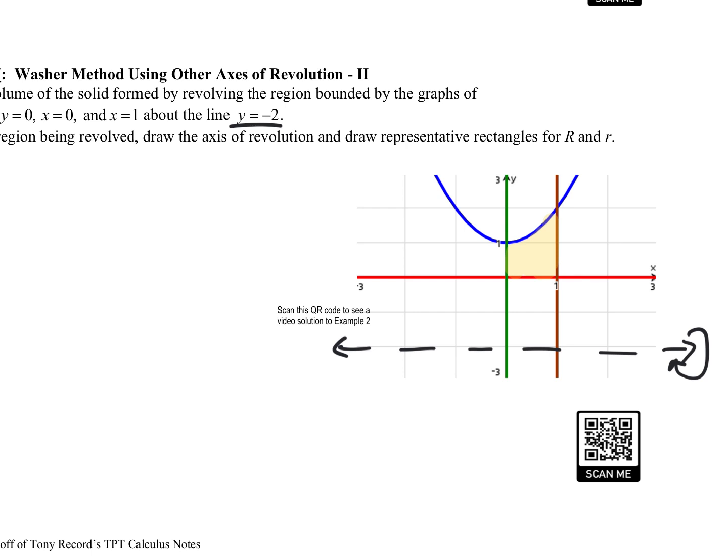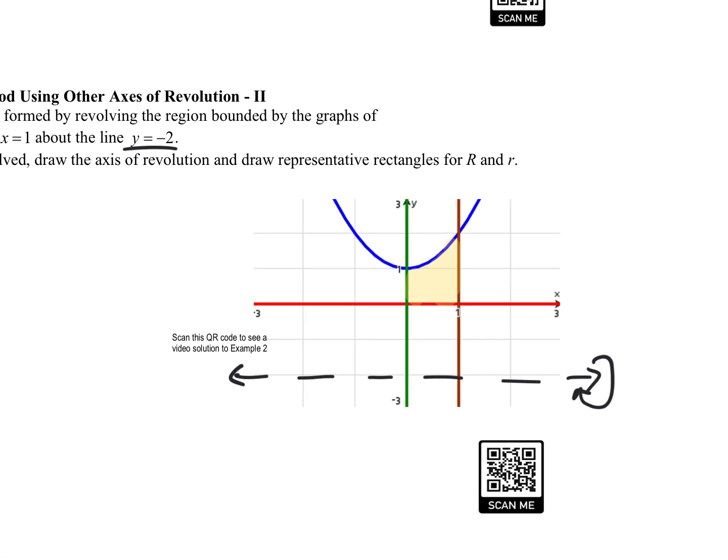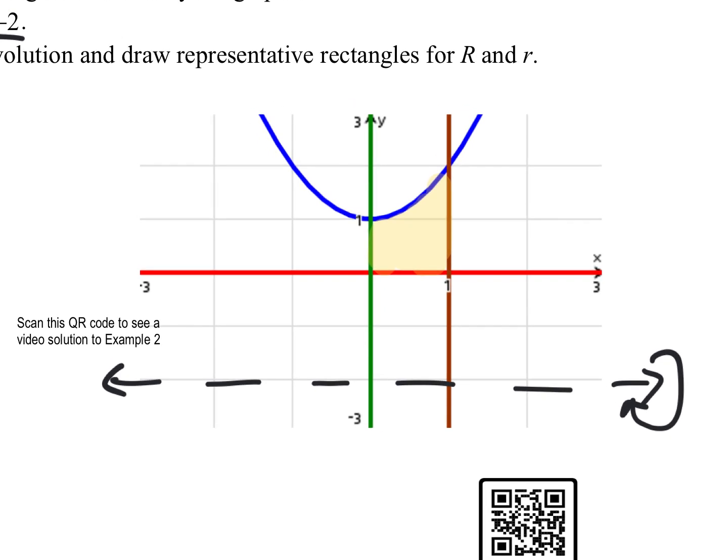So when we draw my representative rectangles in, big R, little r, those are going from the farthest curve to that dashed line. These rectangles are going to be vertical this time. So this is our big R, and then my little r is the part that we're getting rid of.